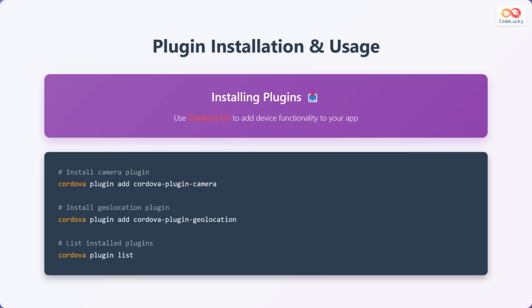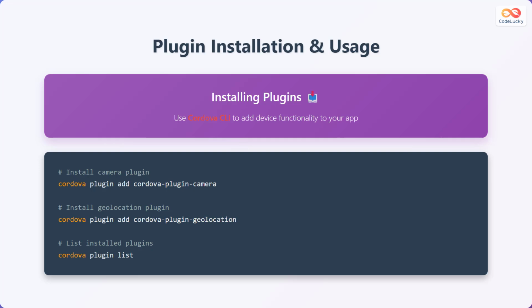Installing and managing Cordova plugins is straightforward using the Cordova command line interface. To install a camera plugin, you use the command cordova plugin add cordova-plugin-camera. For geolocation functionality, you run cordova plugin add cordova-plugin-geolocation. To see all currently installed plugins in your project, you can use the cordova plugin list command.